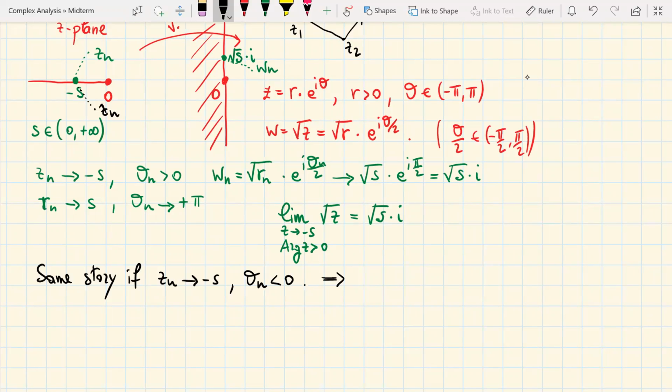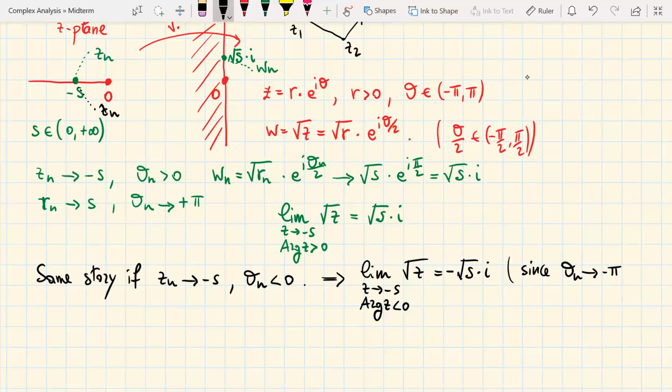So the limit as z goes to minus s with the argument of z less than 0 of square root of z is equal to minus square root of s times I. Okay, this is due to the fact that theta n converges to minus pi, and then e to the I theta n over 2 converges to e to the minus I pi over 2, and this is minus I.